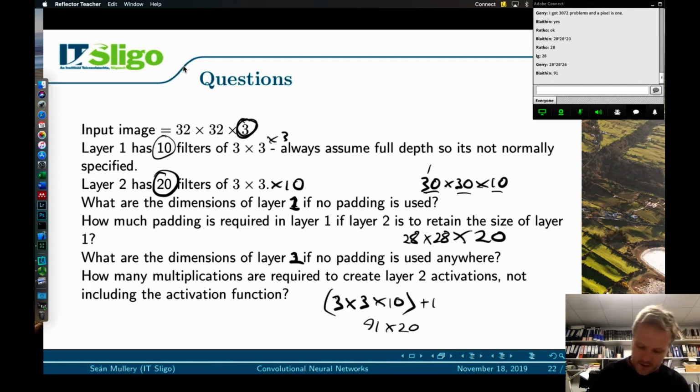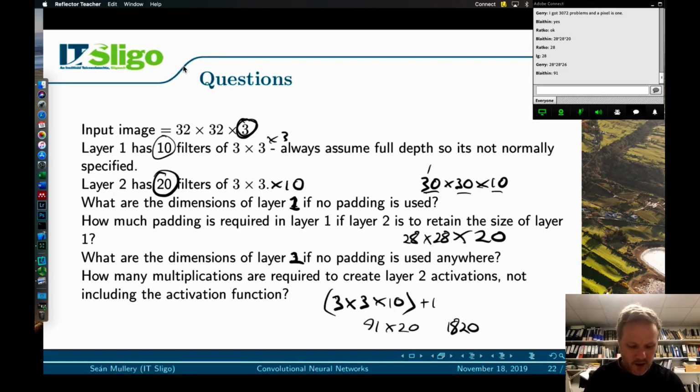It's going to give me 1820. Sorry, this is the number of parameters, right? So that's how many we're going to require to do each pixel full way through the depth, right?